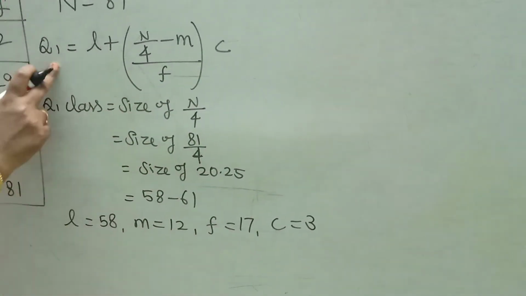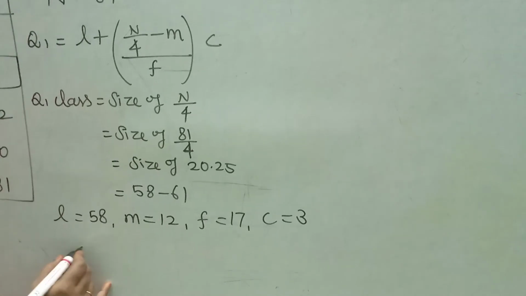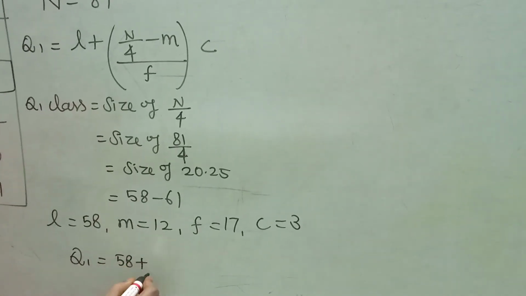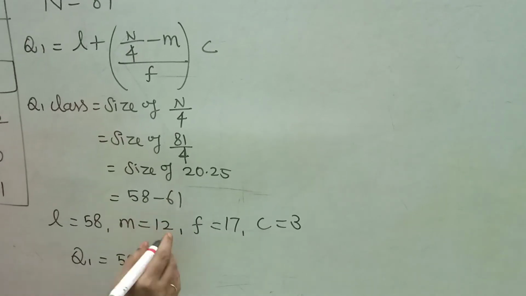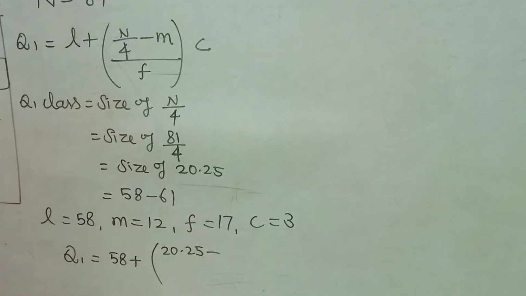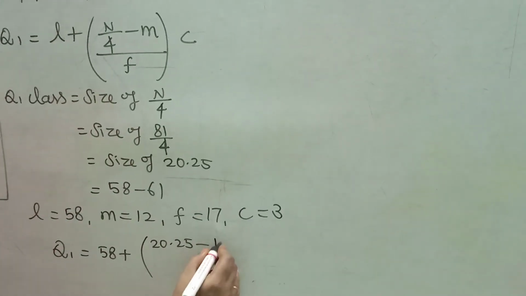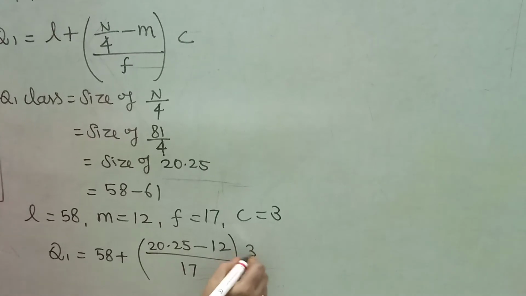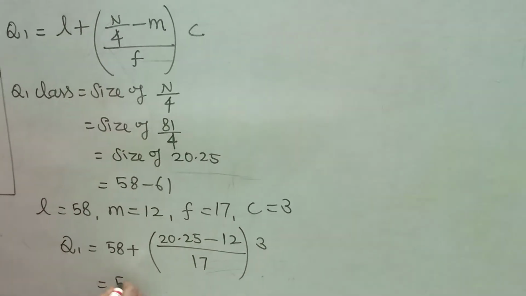Substituting all the values in the Q1 formula. Q1 formula is L, L is 58, plus N by 4, N by 4 is 20.25, minus M, M is 12, divided by the frequency value 70, into 3 is equal to 58.